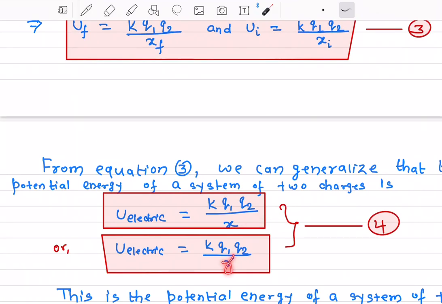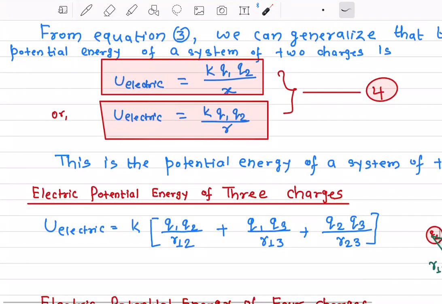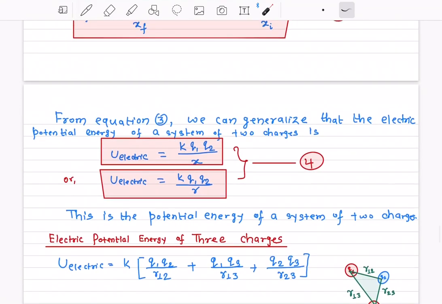If we're moving along the x-axis, we write x, but if we move to any location in 3 dimensions, we choose to write r. Both represent the same thing. So this is the potential energy of a system of 2 charges. And remember, this potential energy is a scalar quantity.